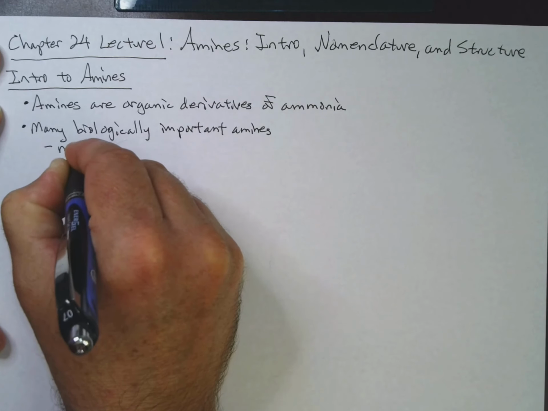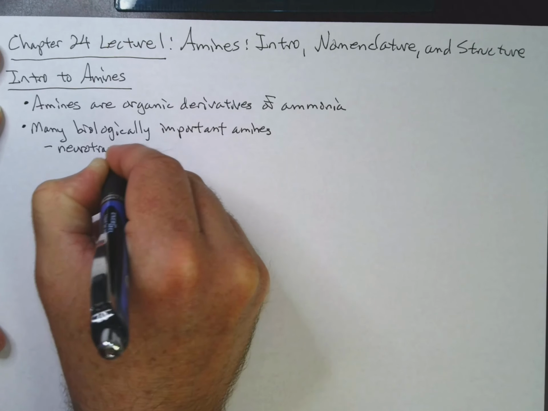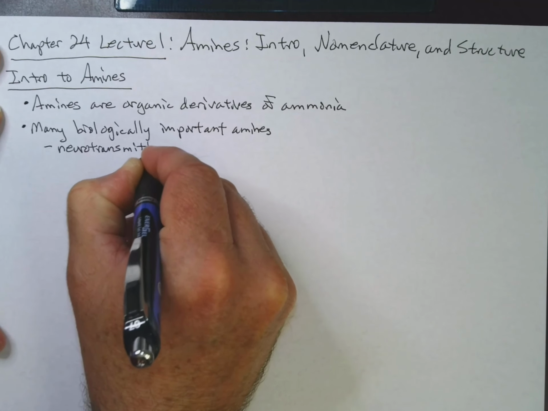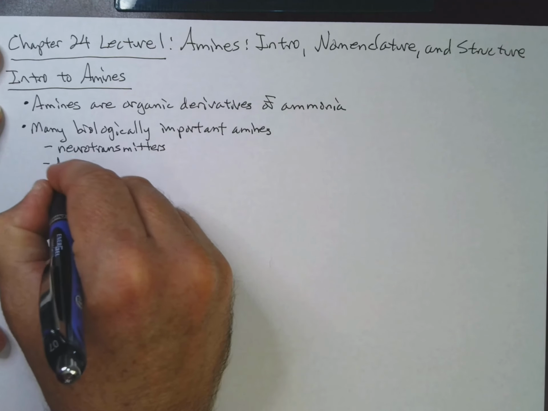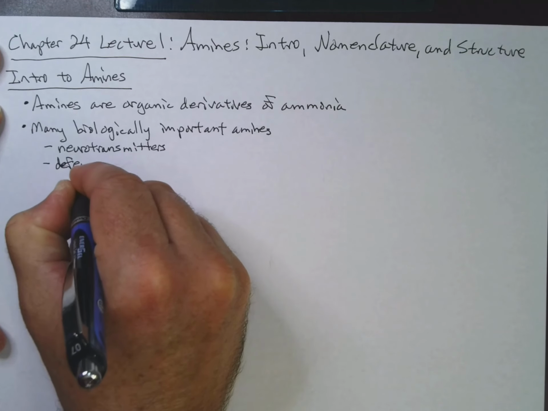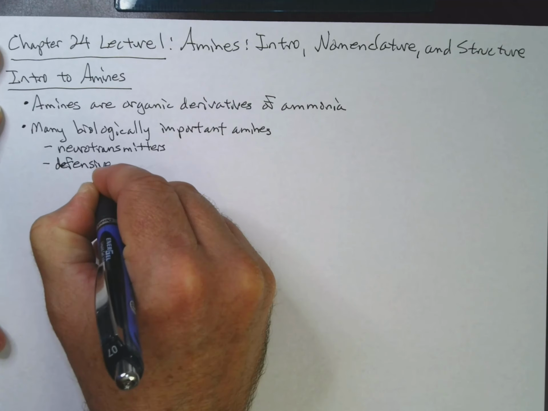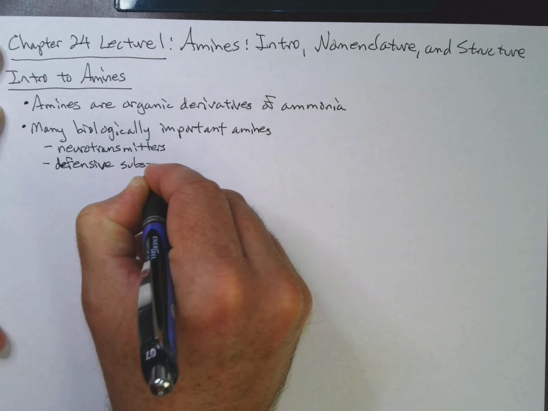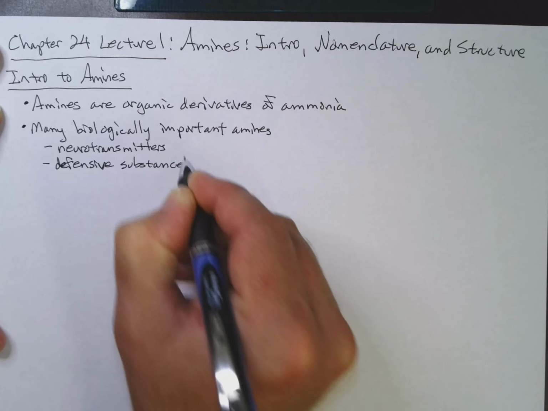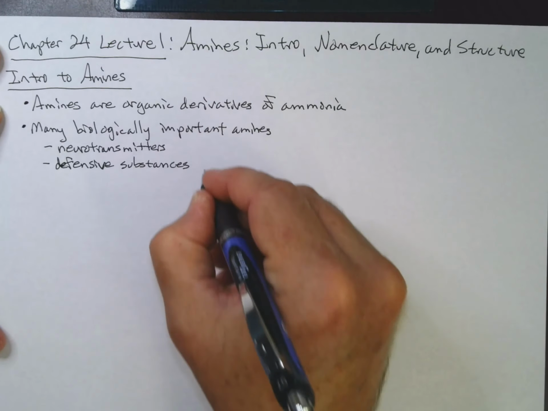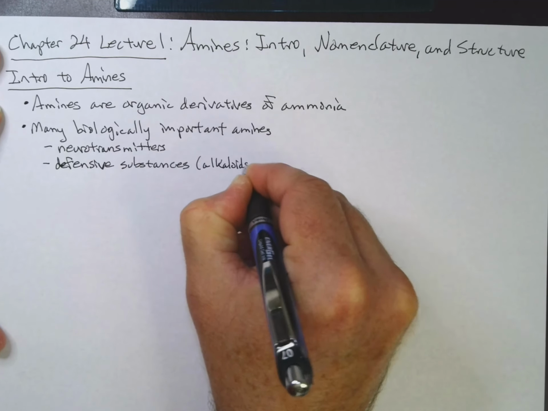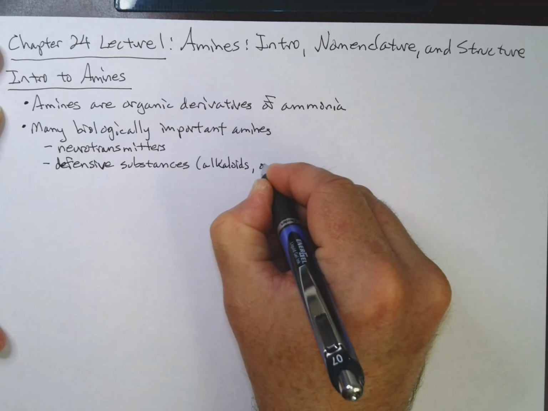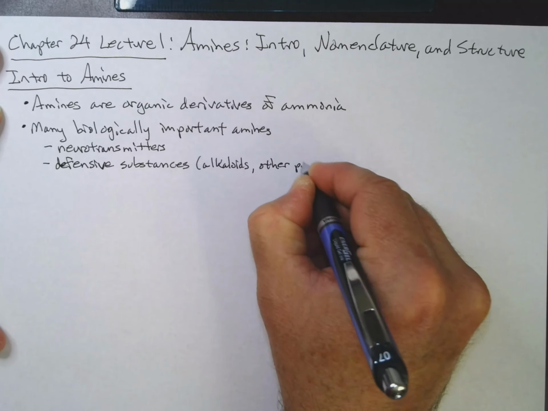These include things such as neurotransmitters, some defensive substances, and these could be things such as alkaloids or other substances. I'll just say other poisons.